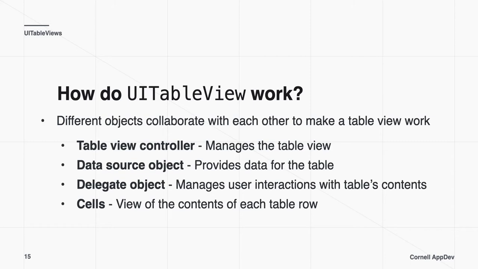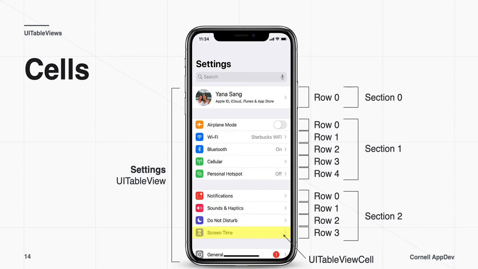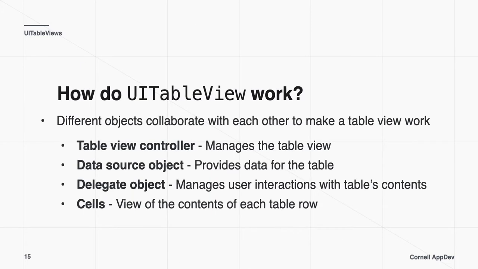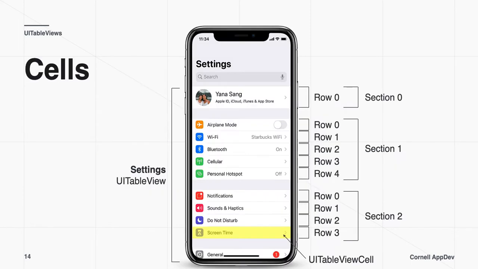The data source for a table view just provides the data for the table. Here, the data could be airplane mode, Wi-Fi, Bluetooth. And then the delegate helps with managing user interaction with the table view's content. That could be what you do if you select one of these rows.